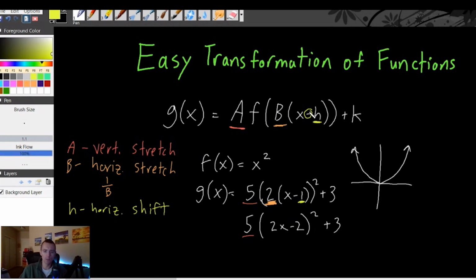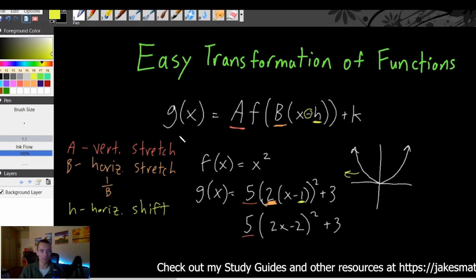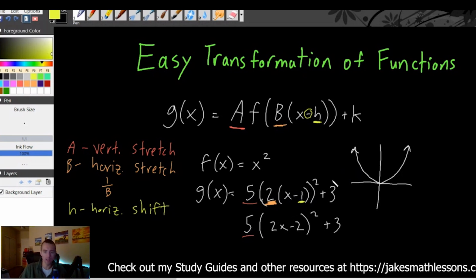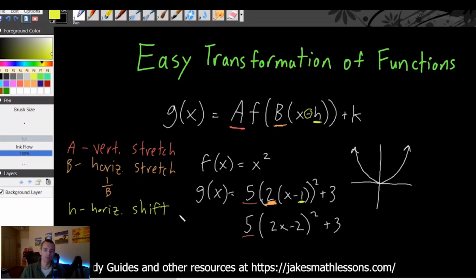So keep in mind, this sign makes it look like in the horizontal direction, we're behaving the opposite of what we would expect. If we have x plus something, we're going to actually move to the left in the negative direction. If we have x minus something, we're going to move to the right in the positive x direction. So just something to really be careful of.